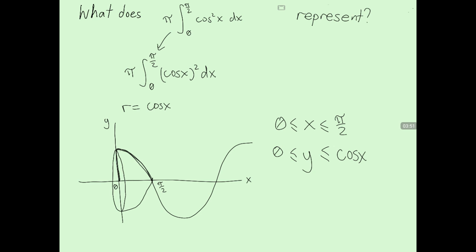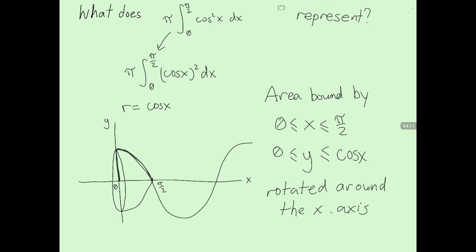So the area bound by this region is rotated around the x-axis. So this is what this integral means. We're taking cos x between 0 and pi over 2 and rotating it around the x-axis and finding the volume.